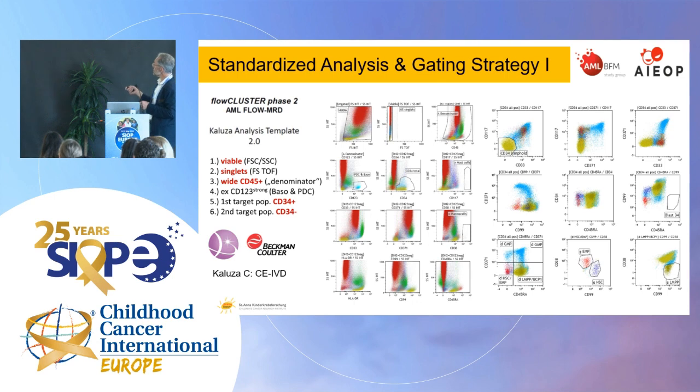But what I would like to draw your attention to is the CD34 positive compartment. It's not homogeneous. CD34 positive cells are really a mixed bag of cells differentiating in different directions. And it's very interesting to look at this mixed bag, because it also follows some kind of directions.